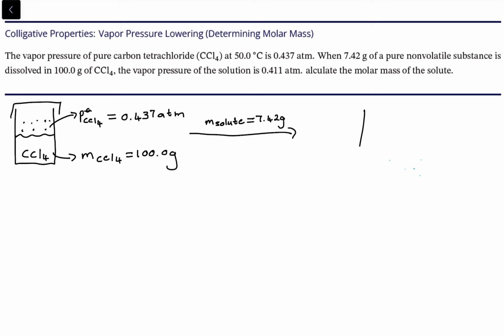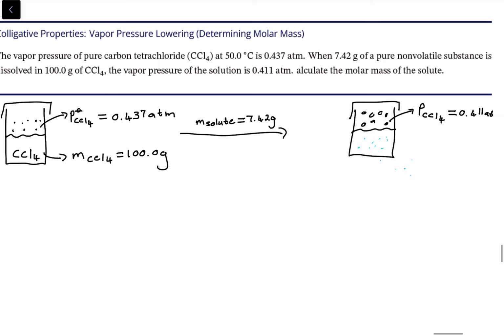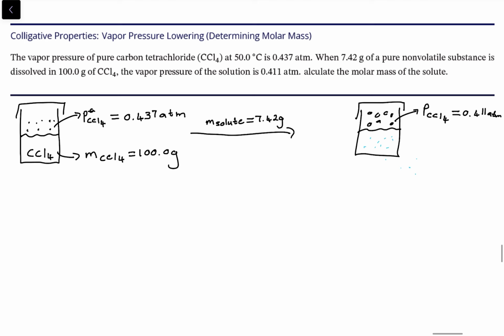And that then creates a solution, so you see there's a solute dissolved in the liquid, over which the vapor pressure changes. And the vapor pressure of the CCl4 over this solution is 0.411 atmosphere. Okay, so that's what we know.